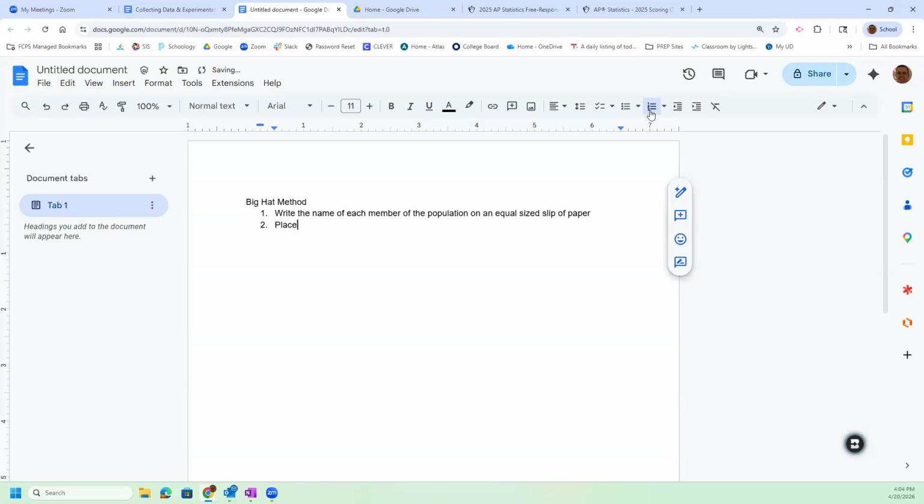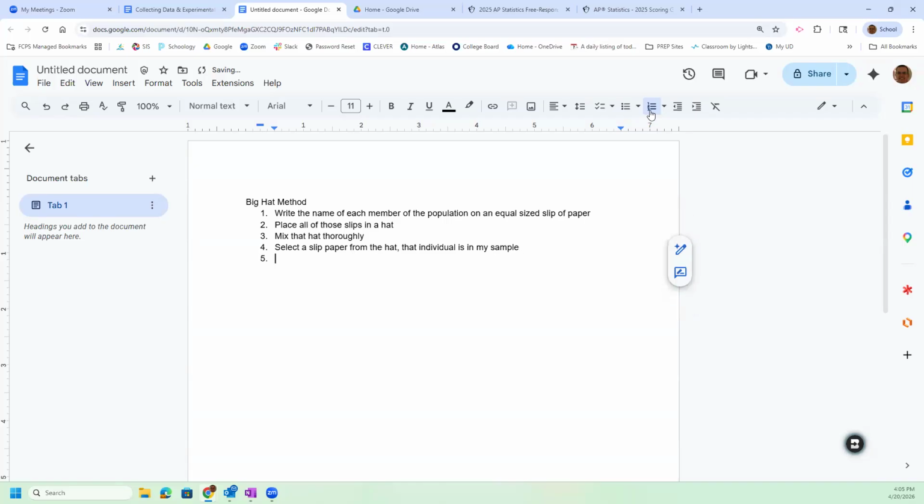We are then going to place all of those slips in a hat. We are going to mix that hat thoroughly. We are then going to select a slip of paper from the hat. That individual is in my sample.